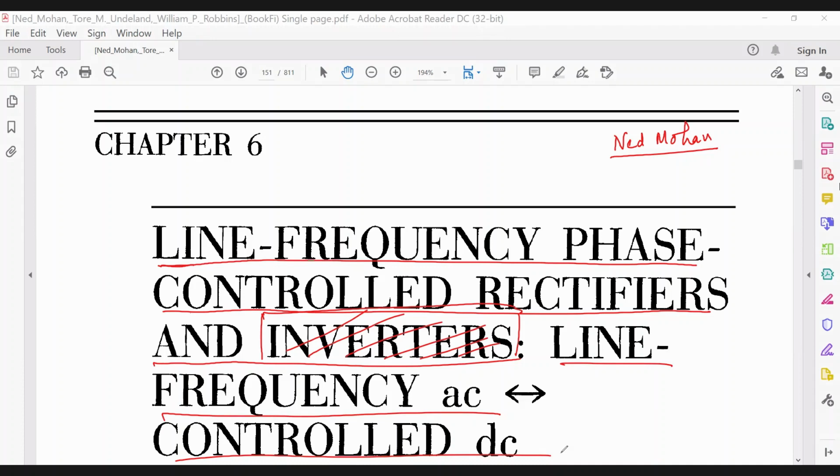It is not the inverter that your other teacher will teach you, that means DC to AC inverter, but it depends on the application or control strategy. You can always feed back your load voltage or the excess energy stored in the load to the input. Okay, I'm giving you an example.